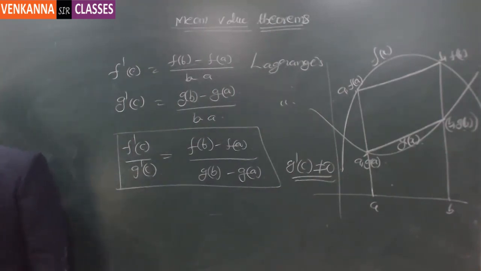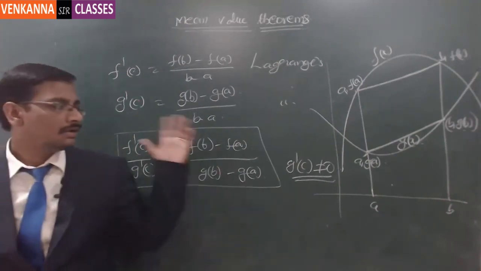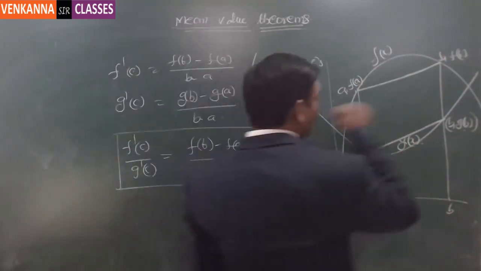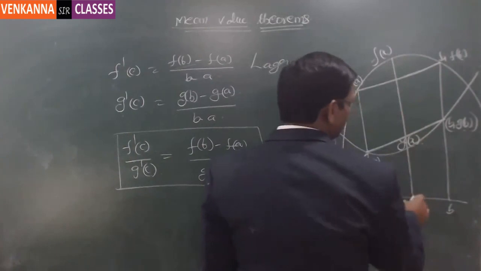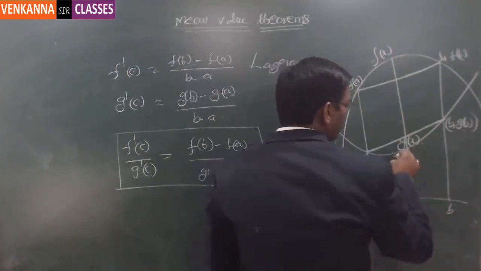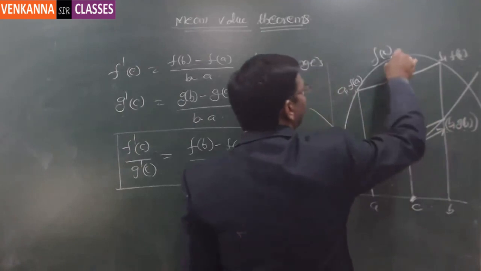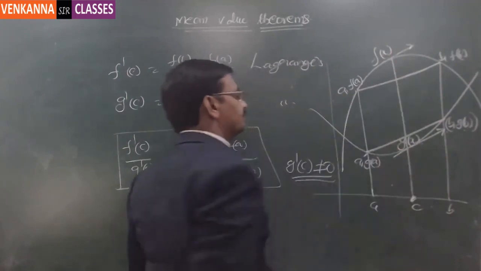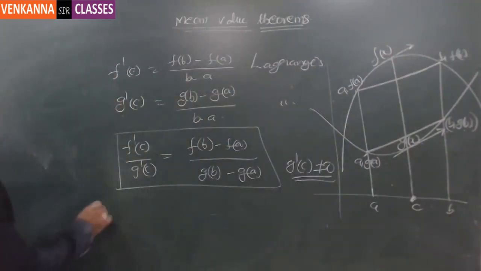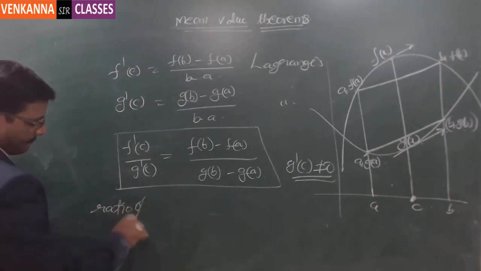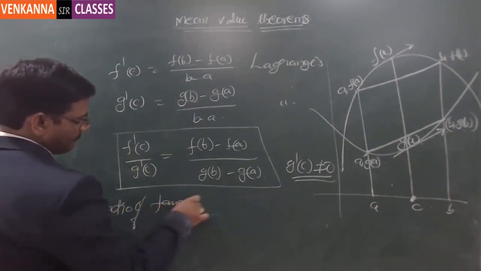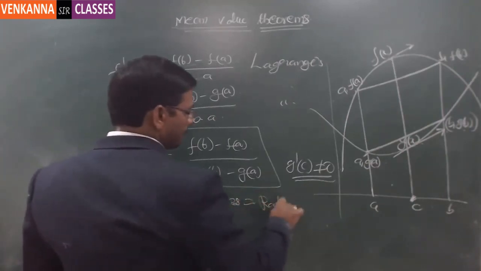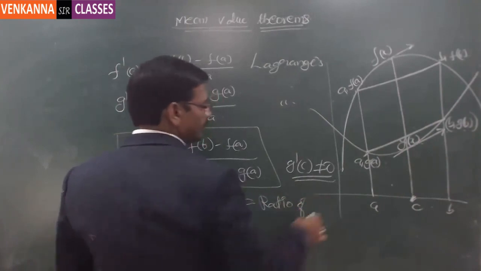So you can state all the rules, whatever I just spoke. There exists at least one point in between these two, this point is c, such that if you draw a tangent here and draw a tangent at the other point, then the ratio of these slopes is equal to the ratio of the straight line slopes. Got it? So the ratio of tangent slopes is equal to the ratio of the straight line slopes.